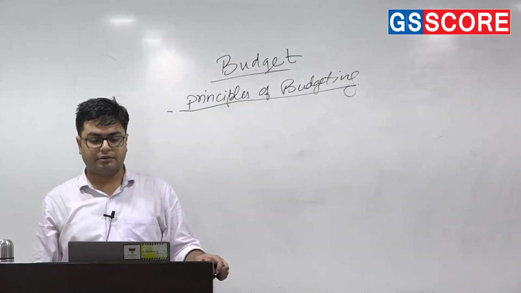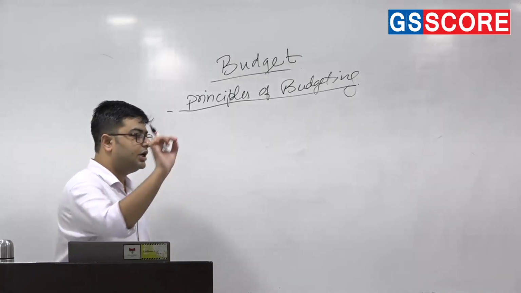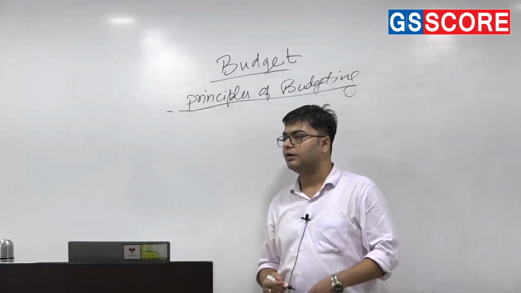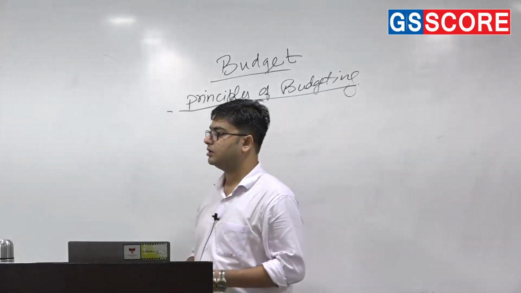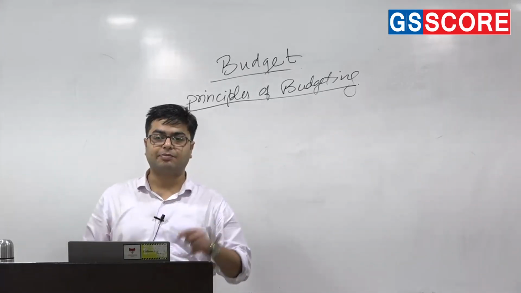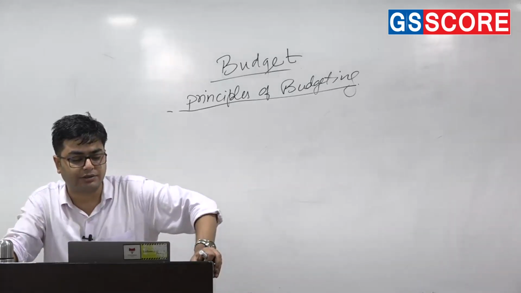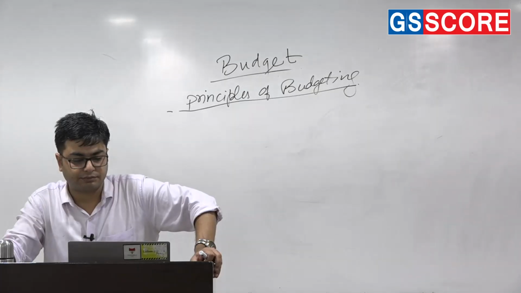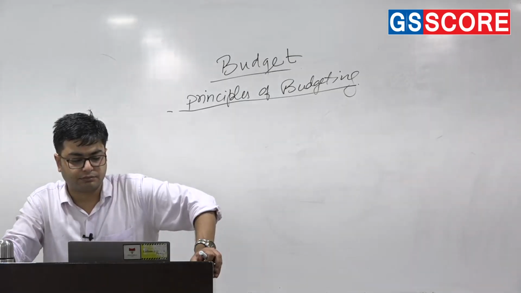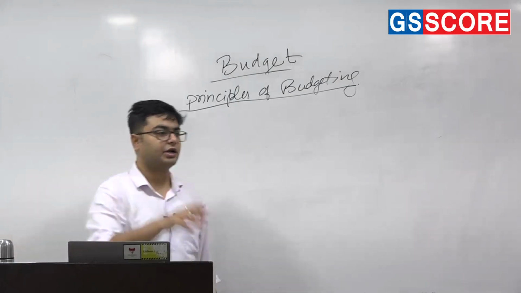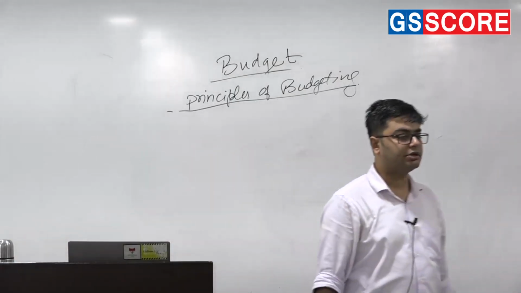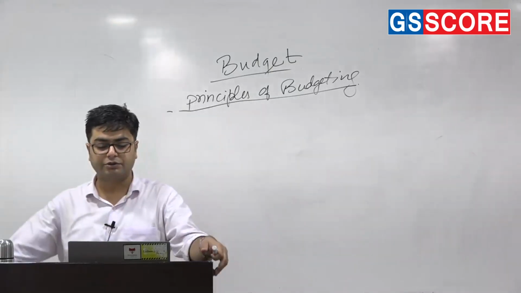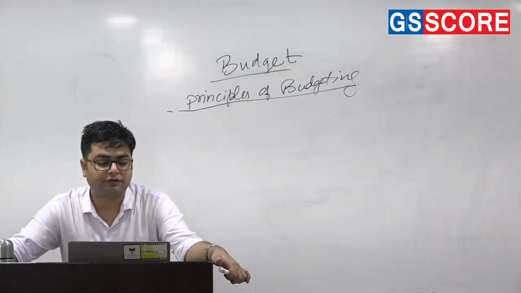You see, it is the legislature which approves the budget, which legitimizes the budget. The legislature has the power to reduce or increase the allocations. Theoretically. But practically you will see the legislature is more into reducing the amount of the budget.